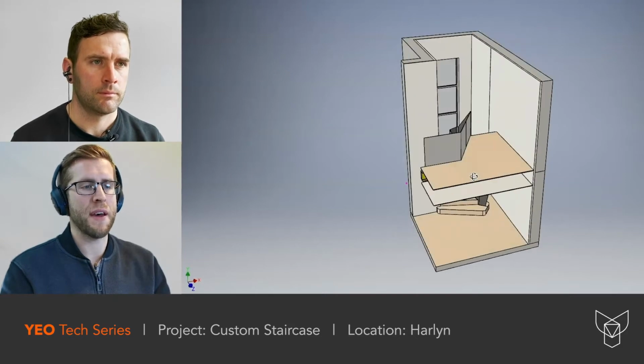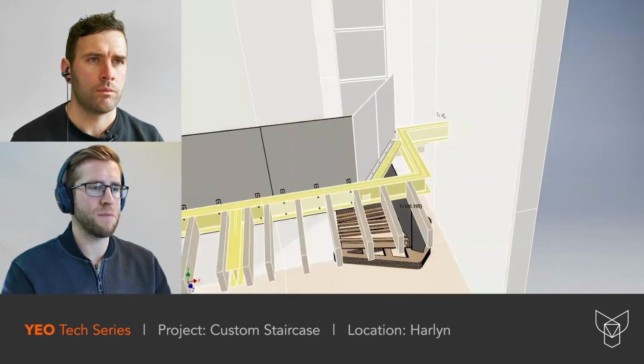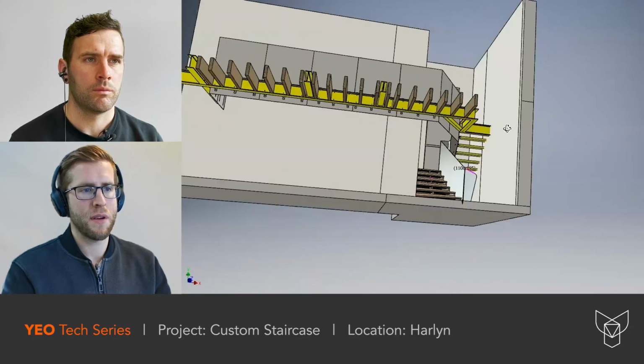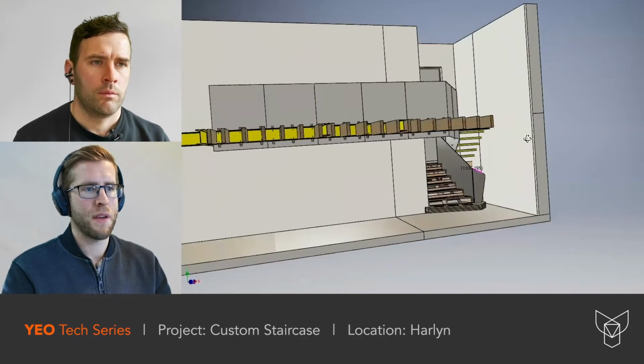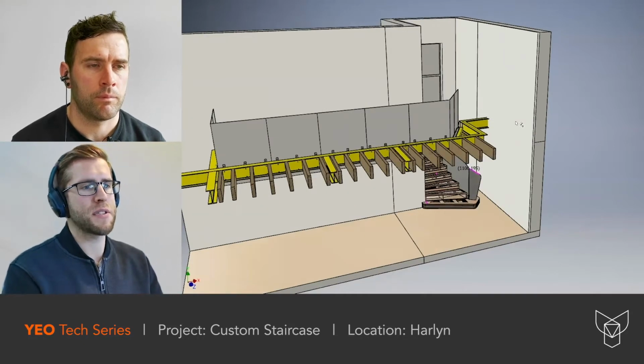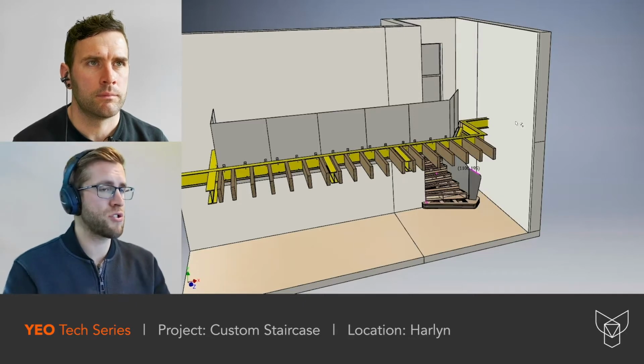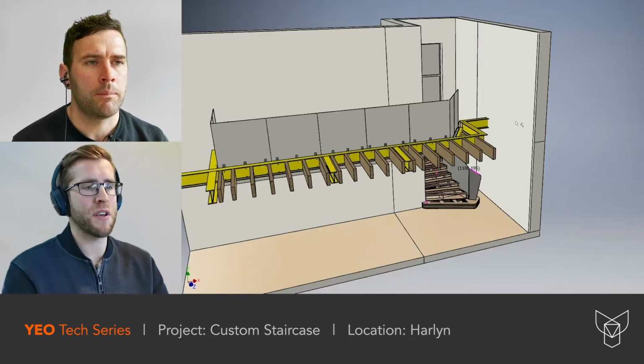I always start there, and in this instance, you can see the structural items are shown in yellow. And then I look at the concept that we've created and start to work out how the concept can tie in with the site structural items. And that's the first thing.